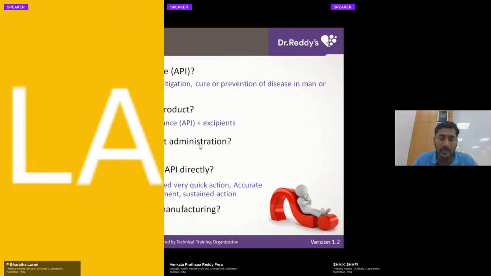And I told different types of routes: oral, parenteral, and topical. And why can't we take API directly? I told different reasons: masking taste, odor, need for very quick action, accurate dose, protecting from the environment, and sustained action. For manufacturing API, we follow the guideline ICH Q7. This is the guide for API manufacturing.